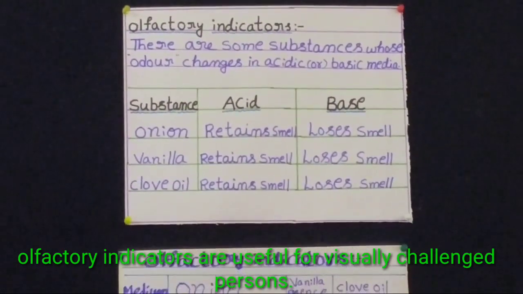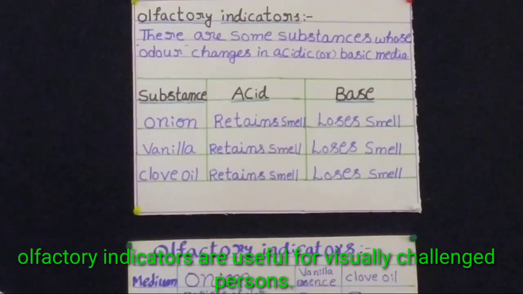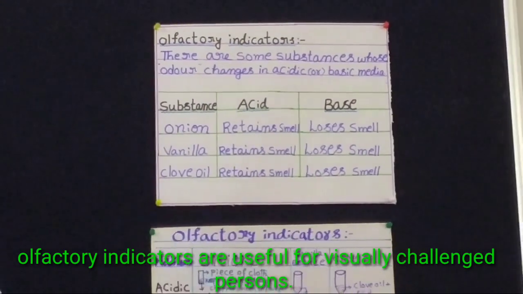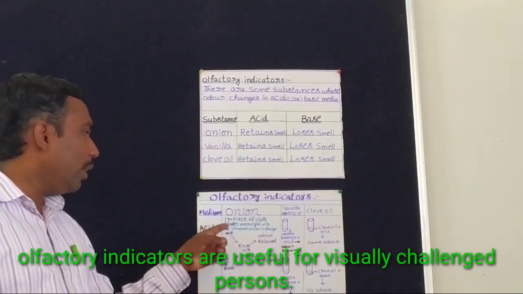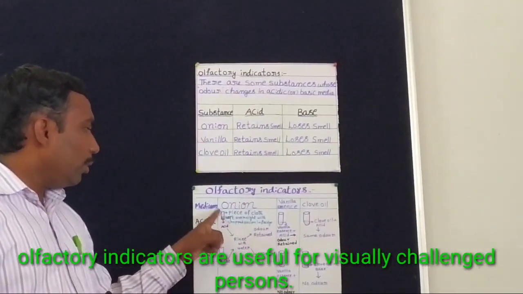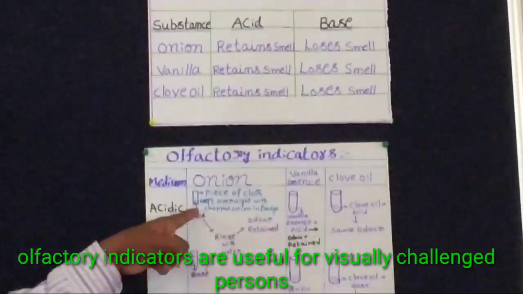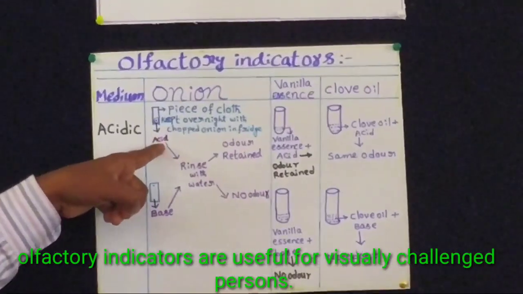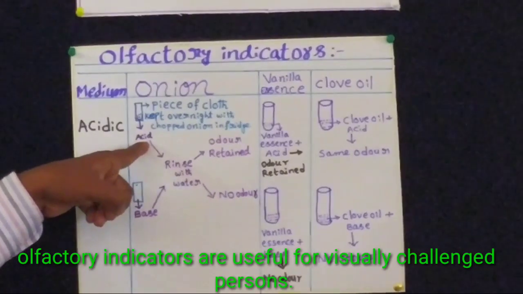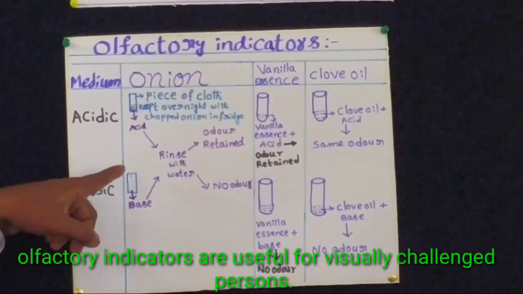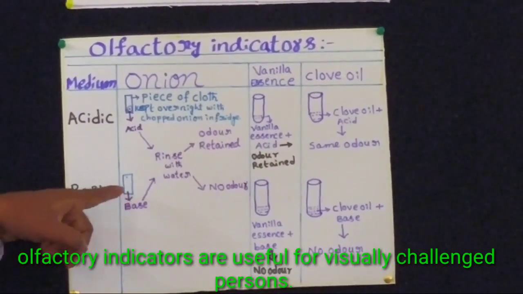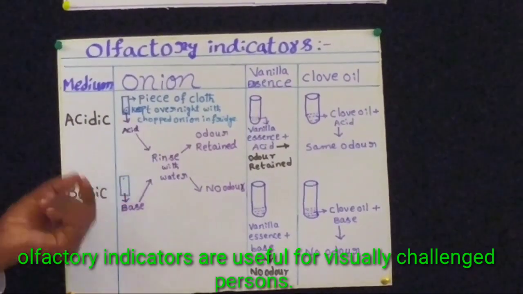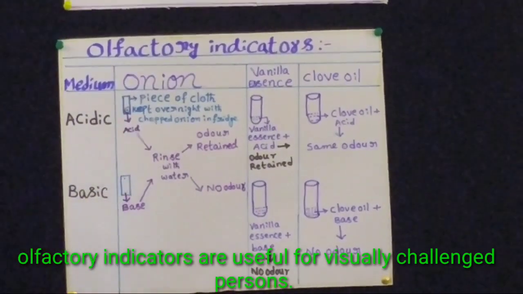The next day we take that piece of cloth and add an acidic solution to it. We take one more piece of cloth and add a base solution to it.